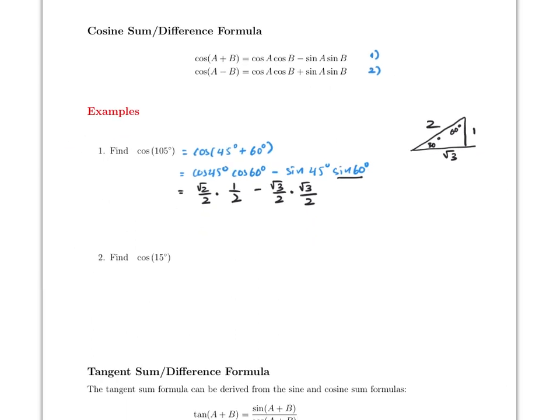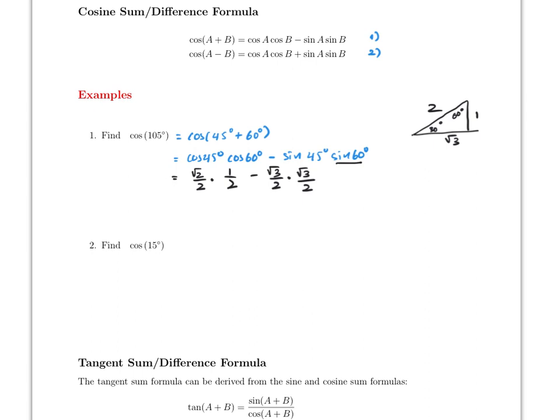So in the same way, you can do the difference. So therefore, cosine of 15 is the same thing as cosine of 60 minus 45. So then this will be cosine of 60, cosine of 45, now plus sine of 60, sine of 45, and then just plug in the values, which we already have.